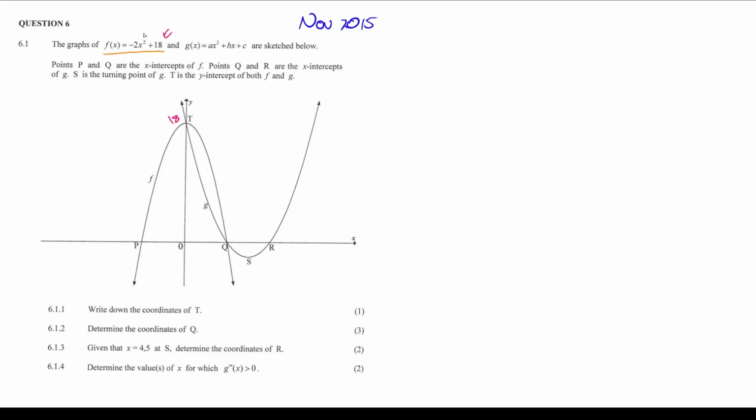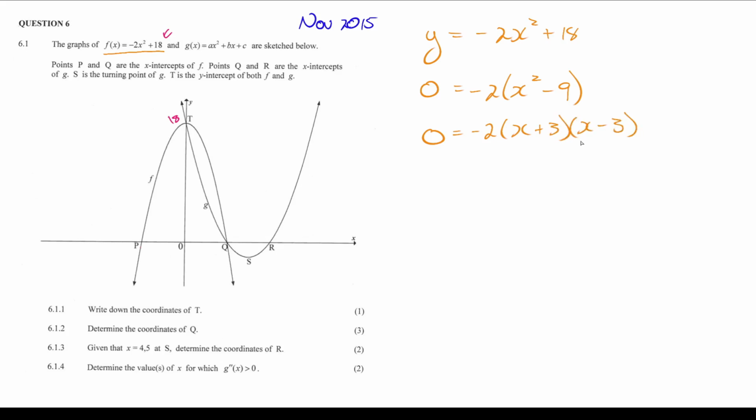So y equals negative 2x squared plus 18, make y 0. I'm going to factorize, taking out a negative 2. That means I end up with x squared minus 9, so negative 2 times x plus 3, x minus 3.